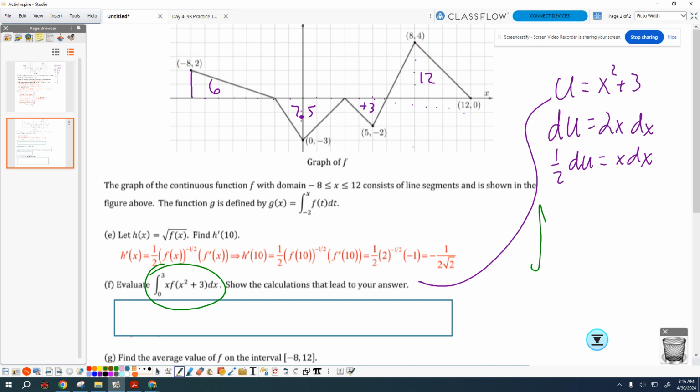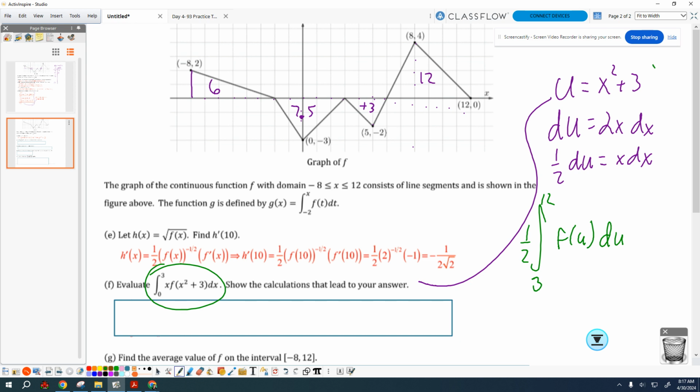The integral from, or 1/2 the integral from 3 to 12 is that. Where did he get 3 and 12? There's 0 and 3 on there. He added 3.